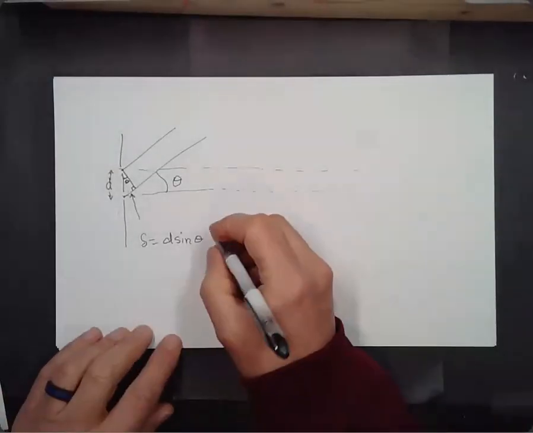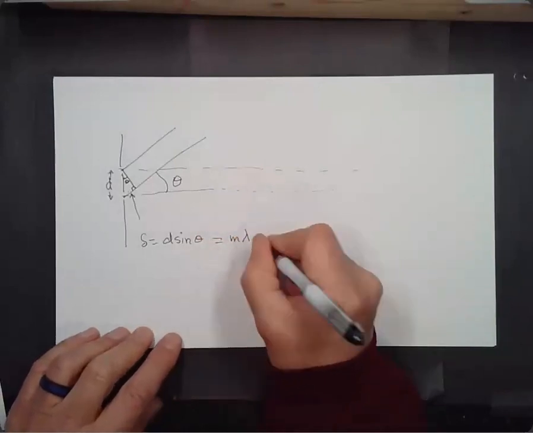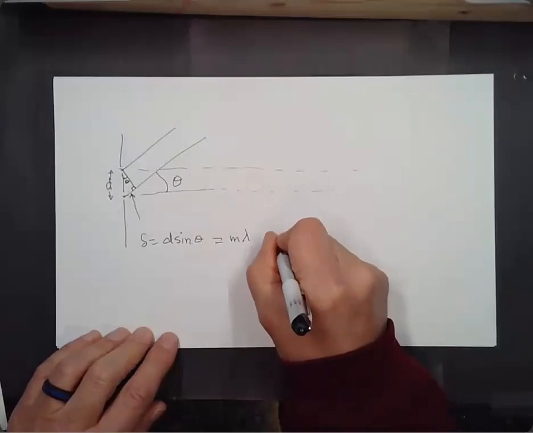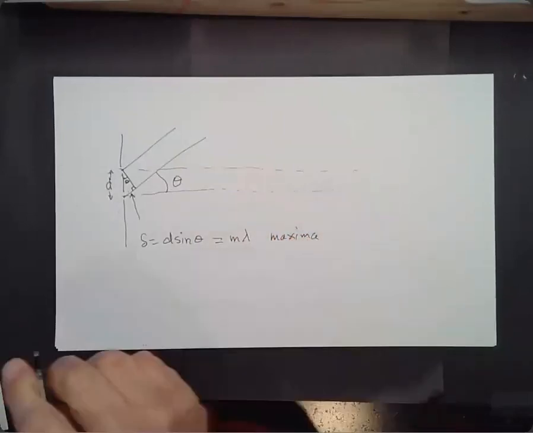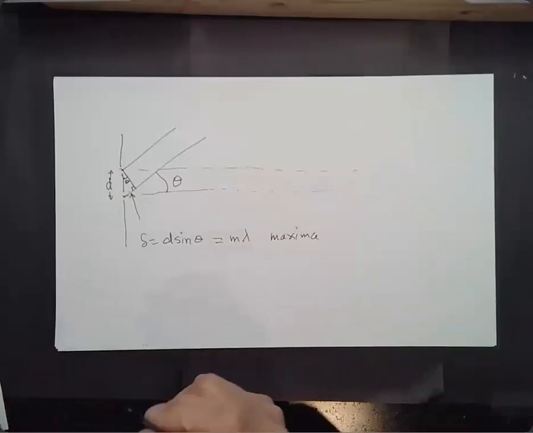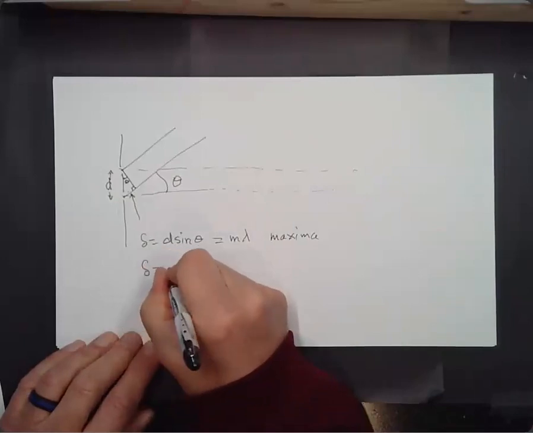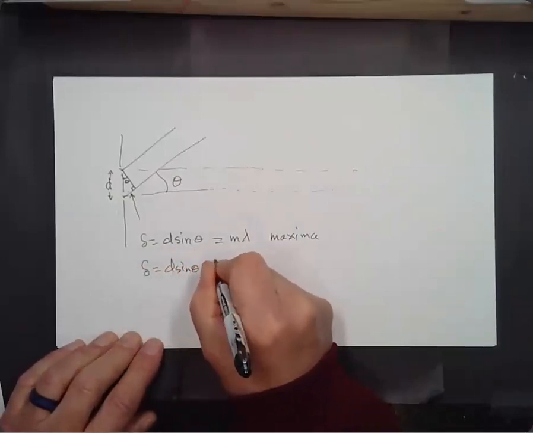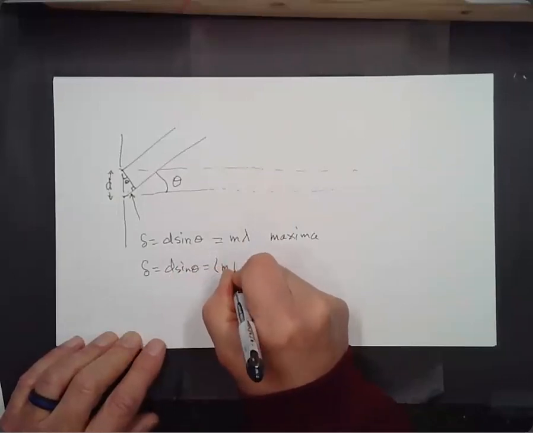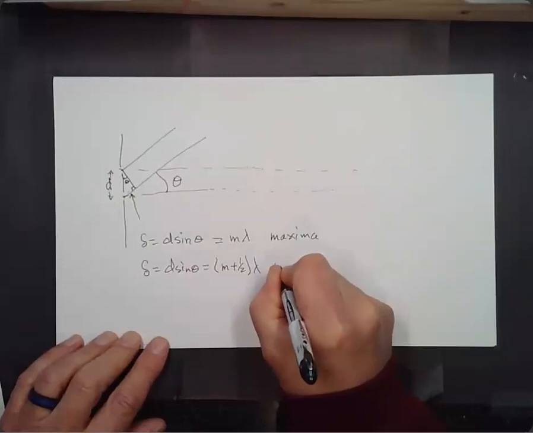So when D sine theta is equal to m lambda, we get maxima. And when D sine theta, which is delta, is equal to m plus 1/2 lambda, we get minima.